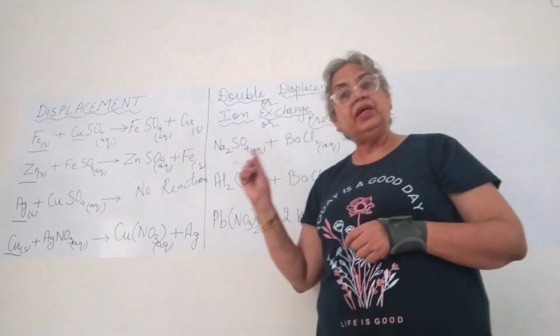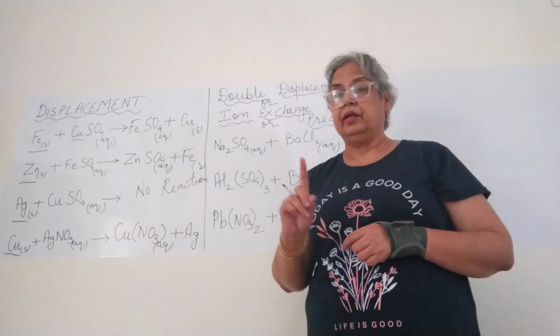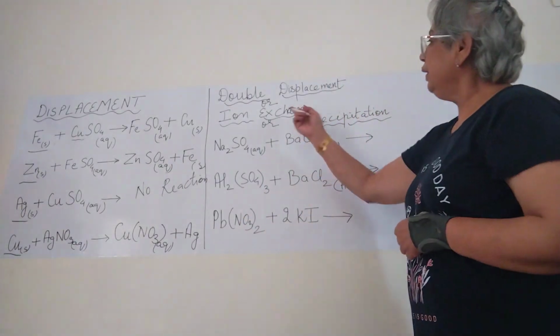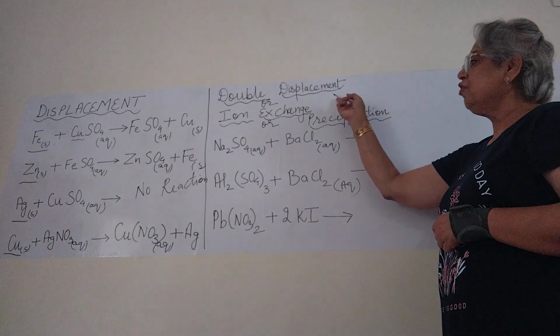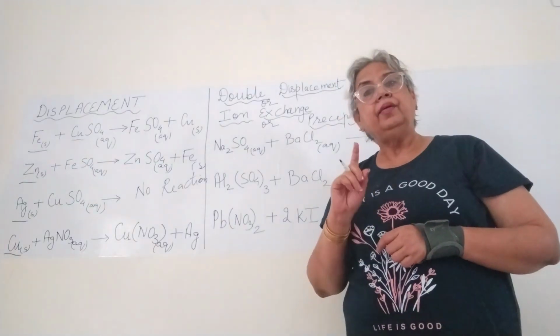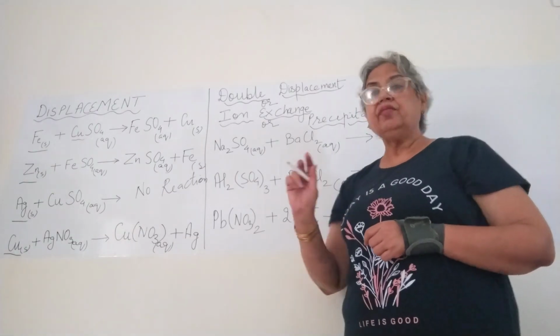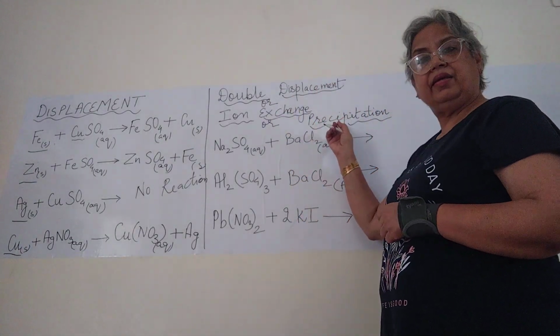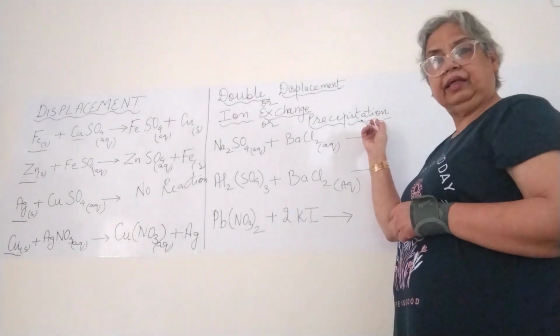And there may be color change but no precipitate is being formed. But in double displacement, there is formation of a precipitate. So this double displacement reaction is also called precipitation reaction.